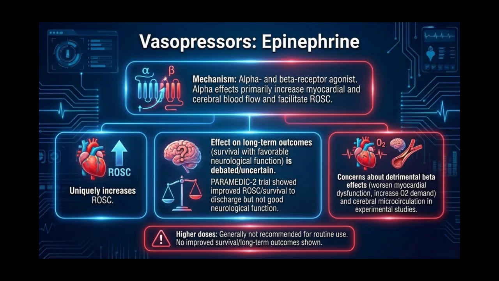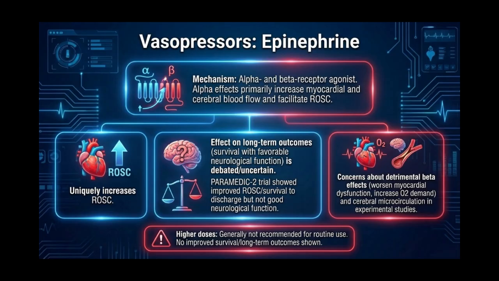Epinephrine is a medication that acts as both an alpha and beta receptor agonist. It causes blood vessels to constrict and increases both the rate and strength of heart contractions. The effects on alpha-adrenergic receptors are believed to play a crucial role in enhancing blood flow to the heart muscle and the brain. This action is essential for facilitating the return of spontaneous circulation.